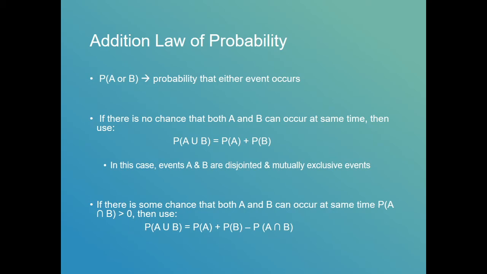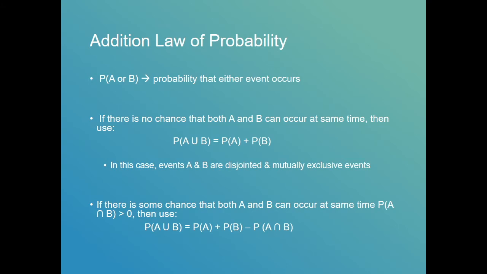So the one, if A and B cannot occur at the same time, let's think of a good example. You cannot be in two places at once. So the probability of being in Philadelphia and the probability of being in Dallas, Texas on January 2nd in the year 2020, they are completely separate from one another. You cannot be in both of those places at the same time.